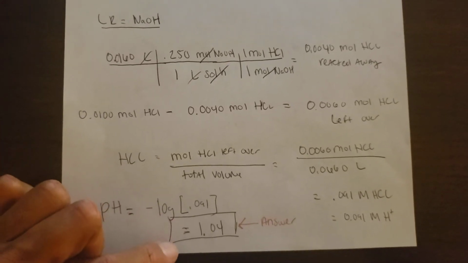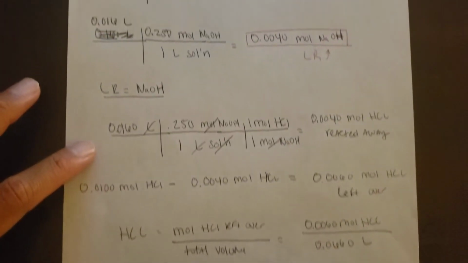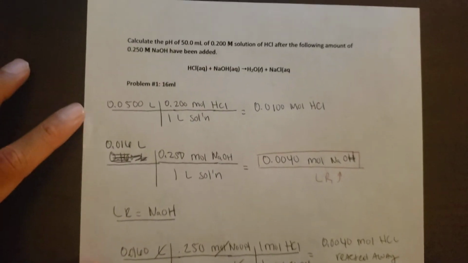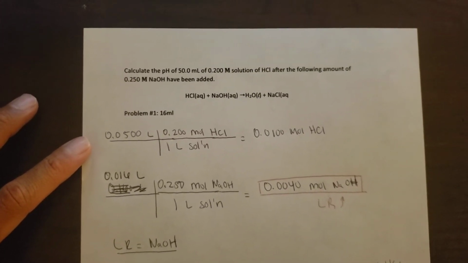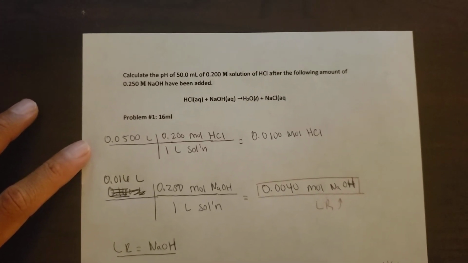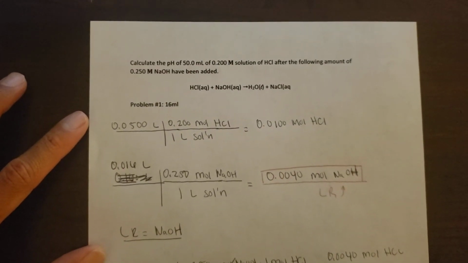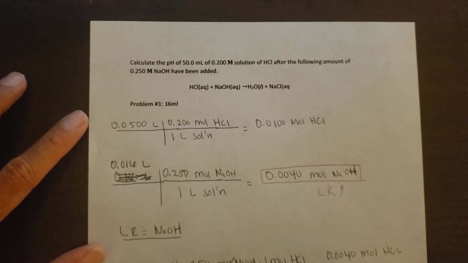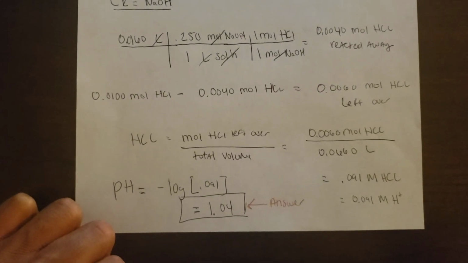You're going to end up with a pH of 1.04. Our original question was to calculate the pH of 50 milliliters of 0.2 molarity solution of hydrochloric acid after the following amount of 0.250 molarity of sodium hydroxide have been added, and that pH is 1.04. Okay, that was my first question.